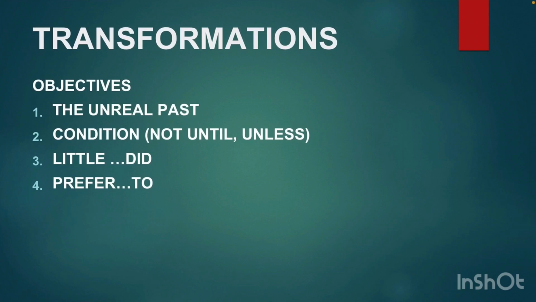We'll look at the unreal past, and under condition we'll just focus on not until and unless. Then from there we'll look at little did and prefer dash dash to. Mostly these things don't miss in an exam, so we are going to simplify them.